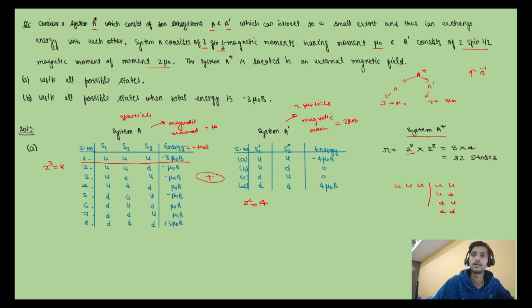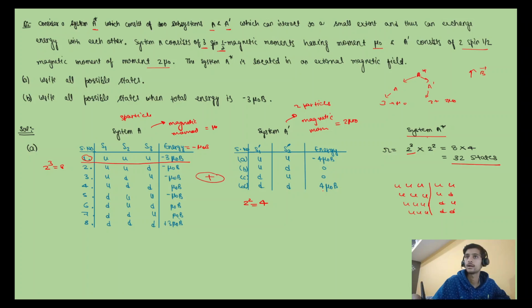For all these 4 states, here you have UUU, here also UUU, and here also UUU. So in this way, for this first serial number, you can get all the 4 states, and for all these 8 states, you can do the similar exercise to get a total of 32 states. Okay, I hope you got this.